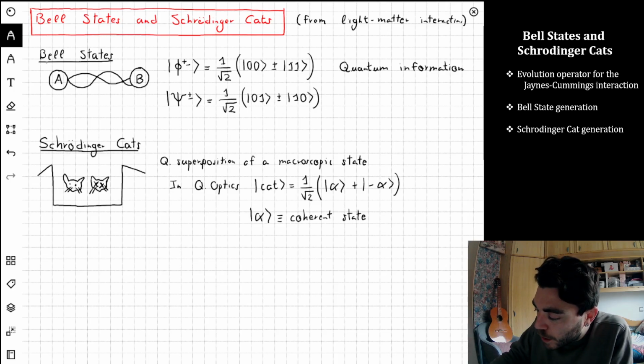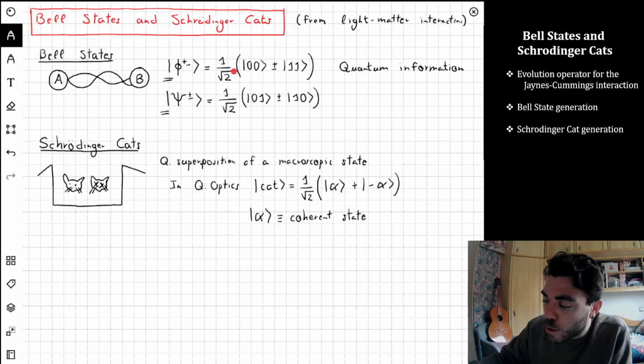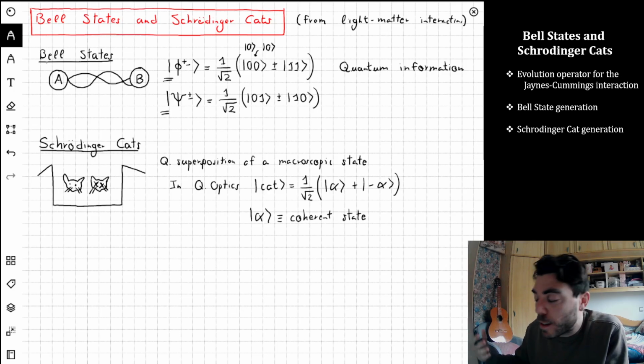So I wrote here the Bell state basis, this phi and psi plus minus, and as you can see, for example, the phi plus minus is an equal superposition between this 0, 0, so this means that the state A is in 0 and state B is in 0, where 0 and 1 are just two states.